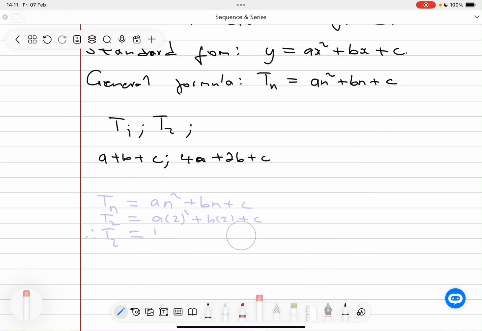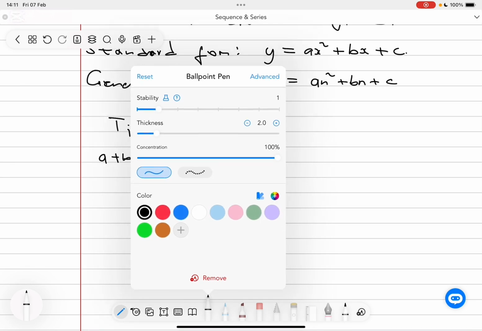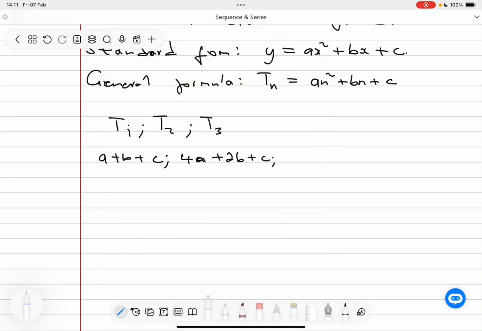We continue doing this to find the third term of the sequence. Again, we take the same formula that we've been using to say now we are looking at the third term, so that I'm going to have a times 3 to the power 2 plus b times 3 plus c. Remember, I'm putting a 3 here because I'm looking for term 3.